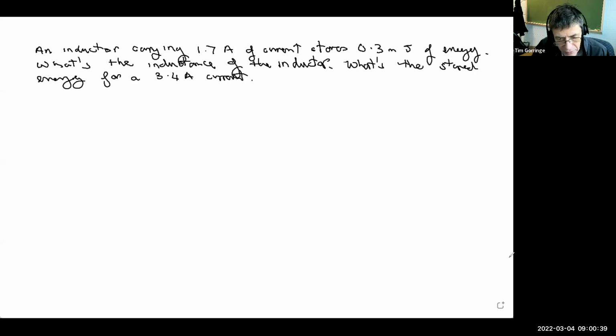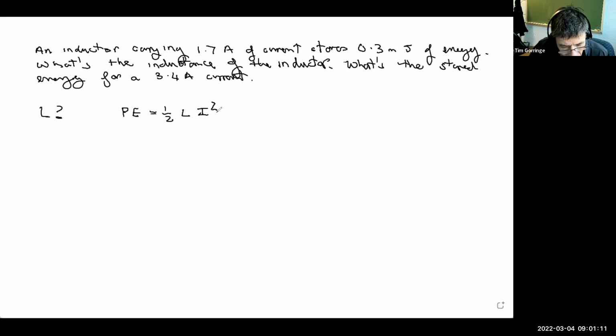So there's two parts here. The first part is to find the self-inductance L of the inductor. And I'm going to use that relationship that we just talked about for an inductor between the current I that flows in the inductor and the energy that's stored in the inductor, the potential energy.